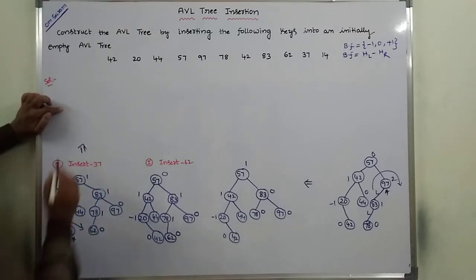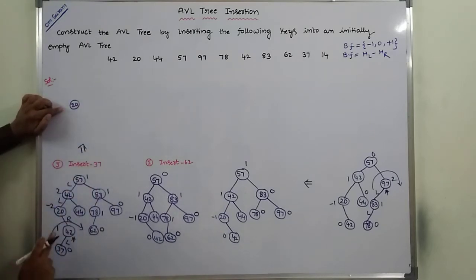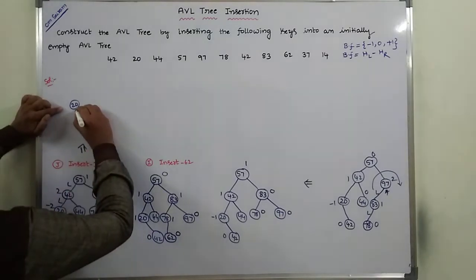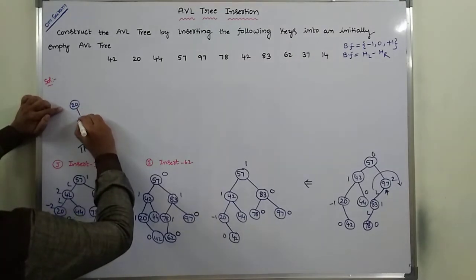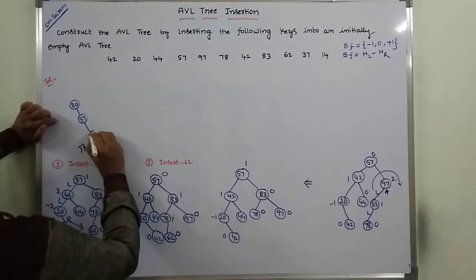So here 20 is there. Now after performing the right rotation, so 42 goes down, 37 goes up. Okay, so 37 goes to this place and 42 goes down.